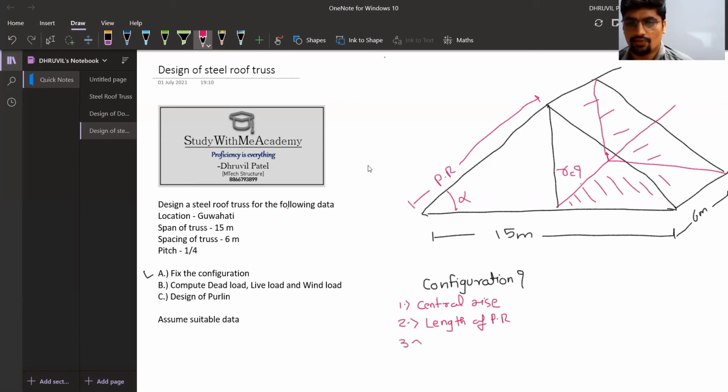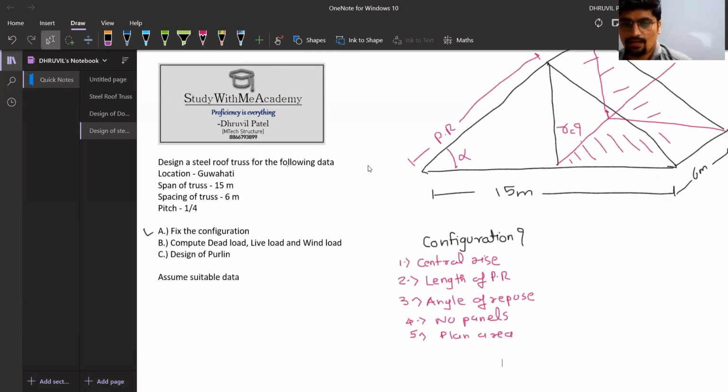Third, angle of repose. Fourth, number of panels. Fifth, the plan area. And sixth, slope area. This is all the configuration we need to fix.